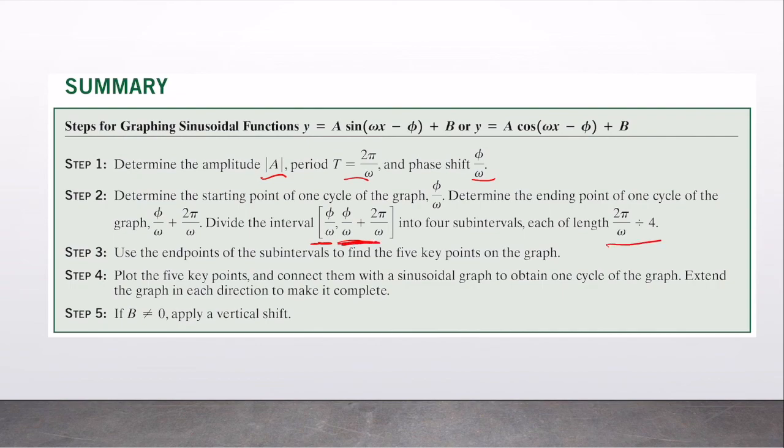You break that up into 4 subintervals, and you use those endpoints to be the 5 key points, so your x values of your graph, and then you plot those points. And remember that if d doesn't equal 0, right, this is a vertical shift. If it's positive, it moves up. If it's negative, it moves down.